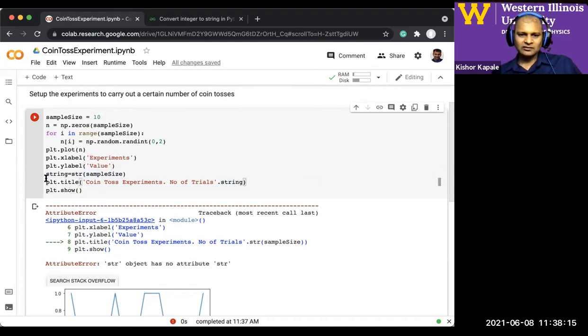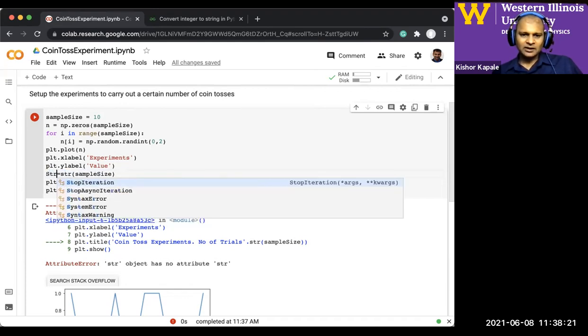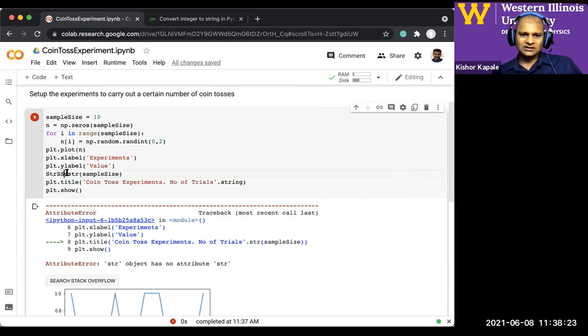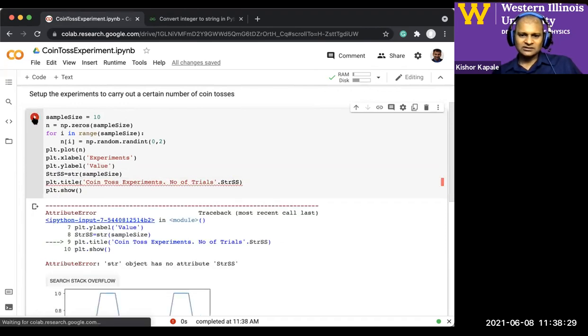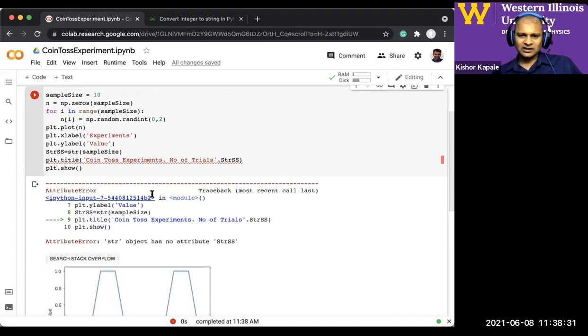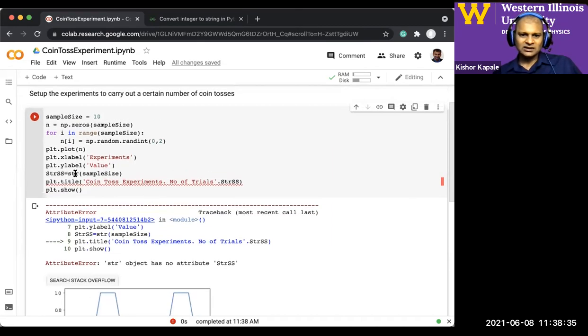Okay, hopefully that will work. It may not like string, so let's give it something else. So str ss, so sample size. Let's see if that part works. No, it doesn't like that again.